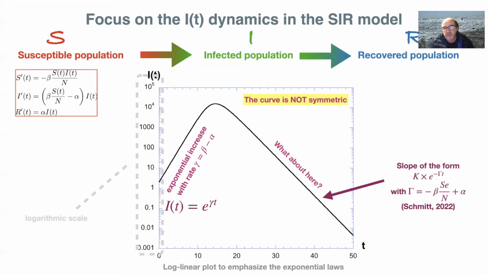And we can see that the curve is not symmetric in this simulation because we have another curve. What I show in this work is that the other curve is given by capital gamma, which is given by the expression written here: minus beta times SE over N plus alpha.